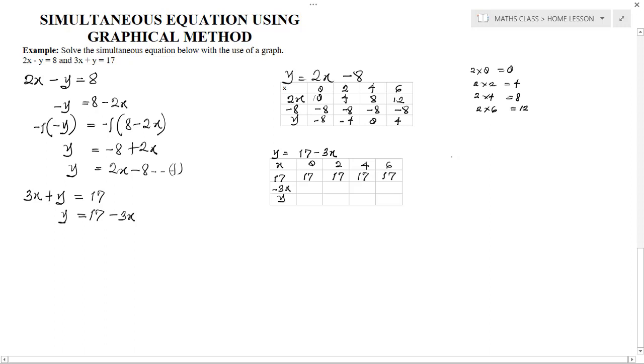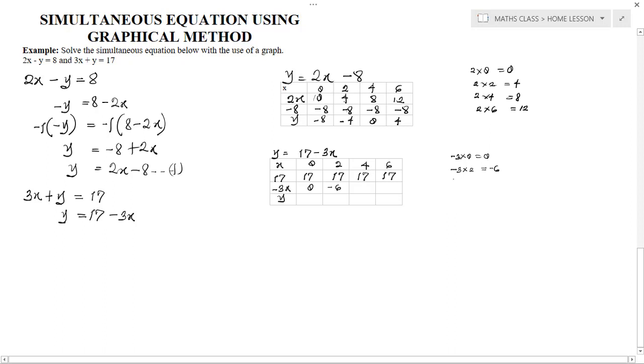When x is 0, minus 3x will give you minus 3 times 0, which is 0. When x is 2, you have minus 3 times 2, which is minus 6.